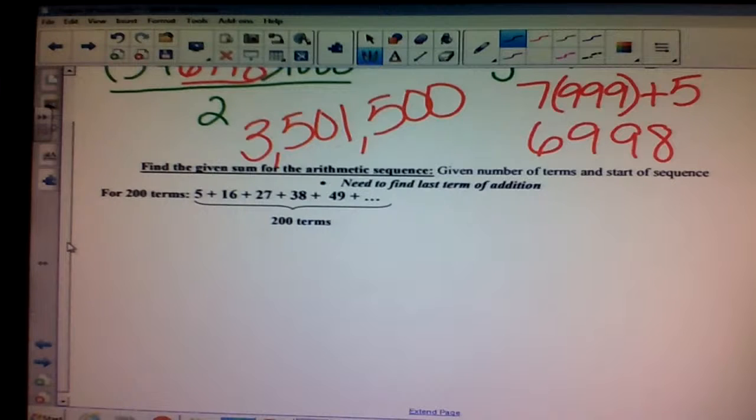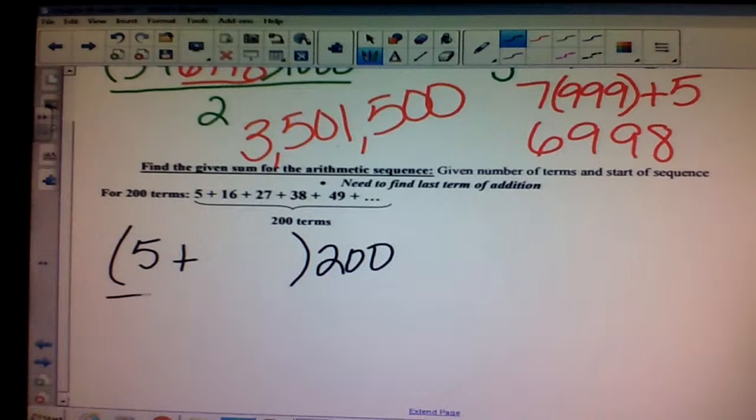Alright, same thing. They tell me where I start. I can see my pattern, but they don't give me that last number. I know there are 200 terms here, and I need to divide by 2. I can find that last term using y equals.